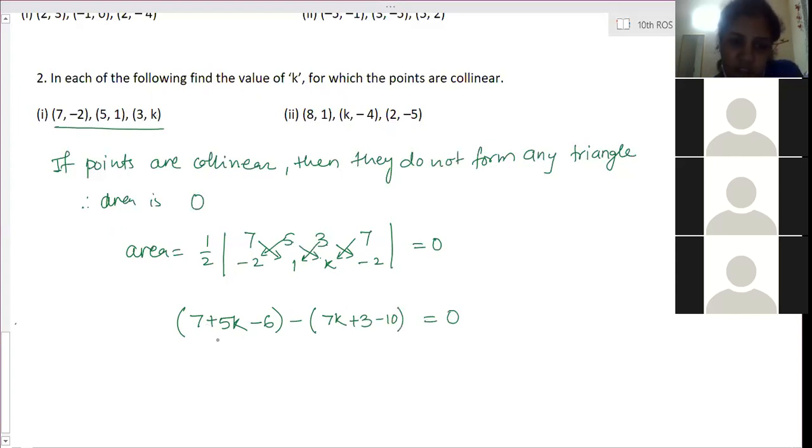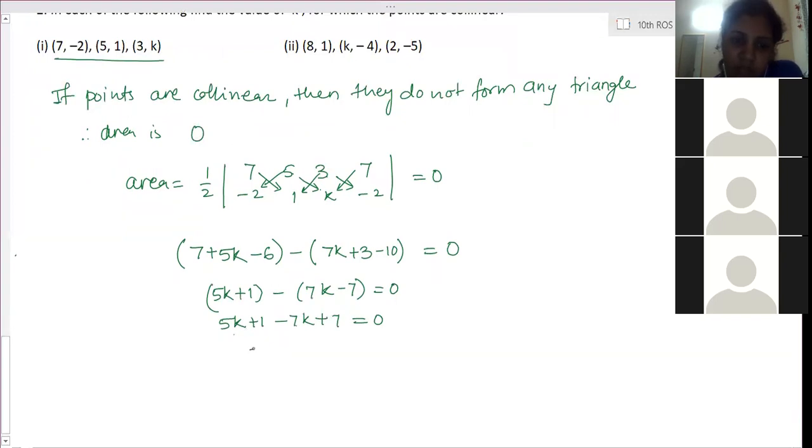Then simplify this. 7 minus 6 is 1. So 5k plus 1 minus 7k minus 7 is equal to 0. Open the bracket. 5k plus 1 minus 7k plus 7 is equal to 0. Minus 2k plus 8 is equal to 0. Then find the value of k here.